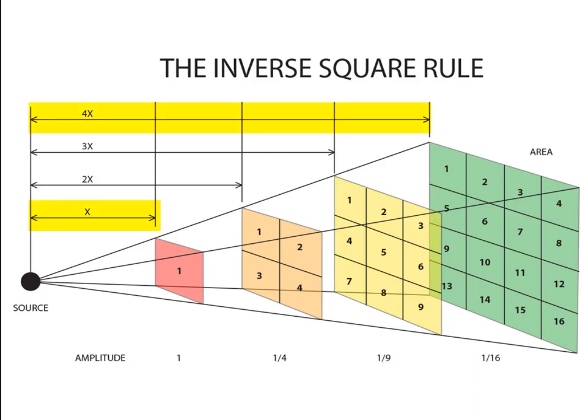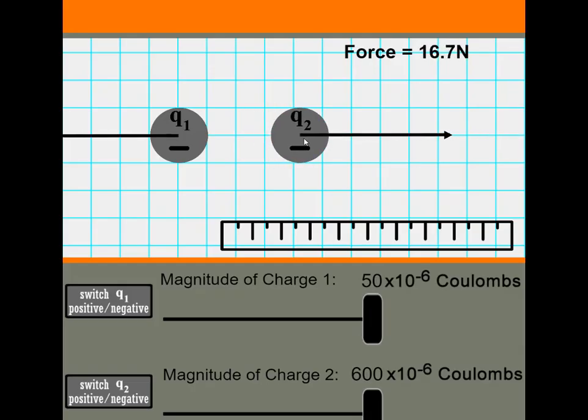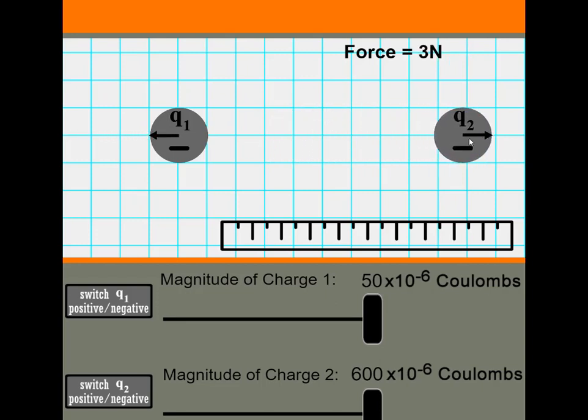Increasing the distance from x to 4x decreases the effect from 1 to 1 over 4 squared, 1 over 16. So as we investigate the effect of distance on force, bear in mind that we're probably going to find the inverse square law applying.